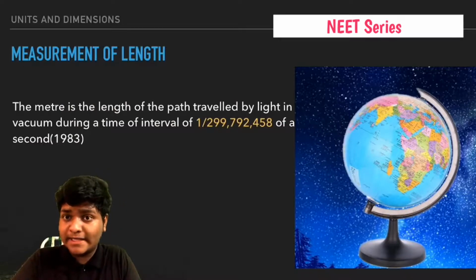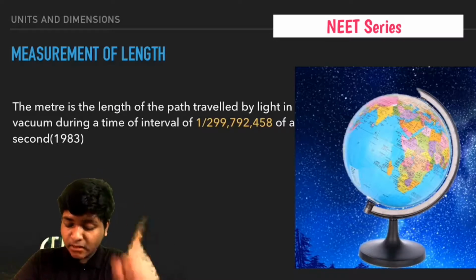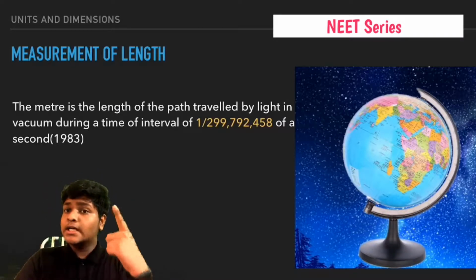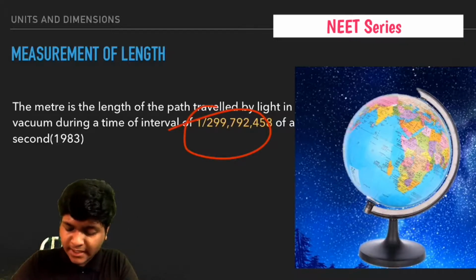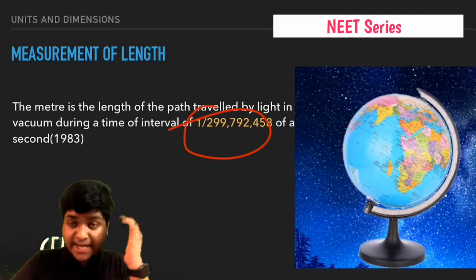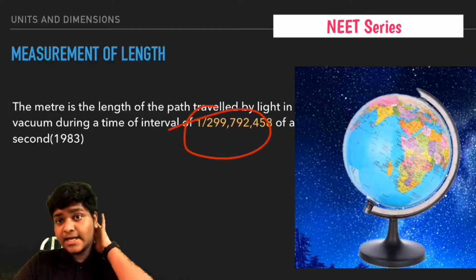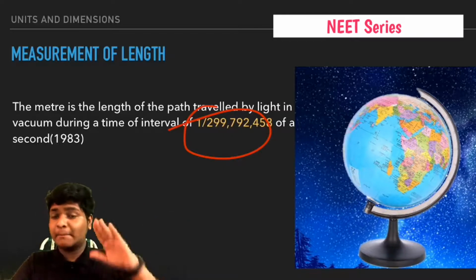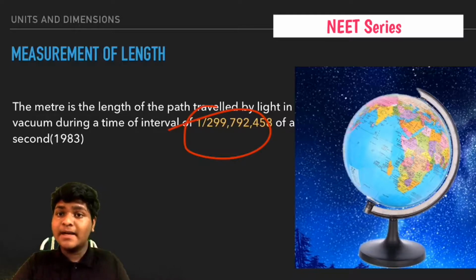So measurement of length. It's not a very important slide, but take a look at it. Meter is the length of the path traveled by light in vacuum during a time interval of 1 by 299,792,458 of a second. In the year 1983, it was defined this way. Meter is a unit, right? It is the length of the path traveled by the light.